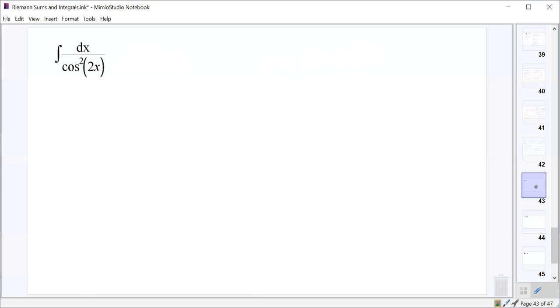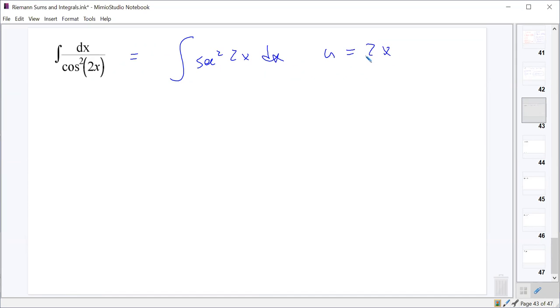What about this one? This is just the integral of secant squared 2x, which means u is going to be 2x and du is going to be 2 dx.